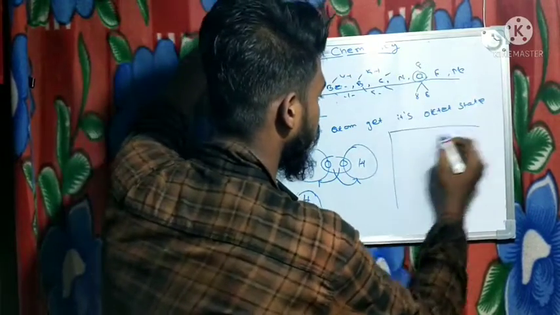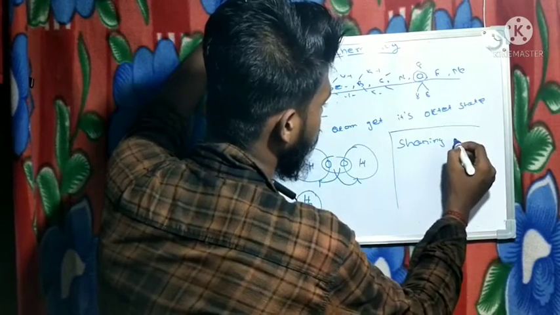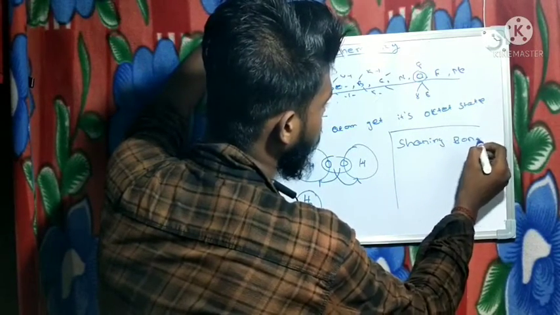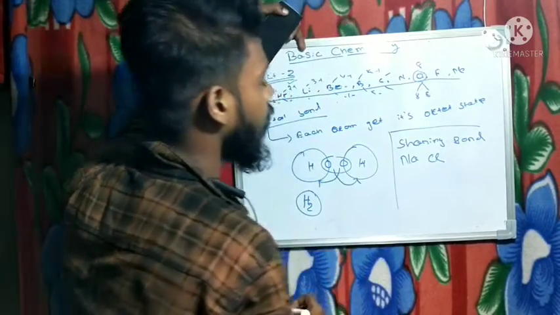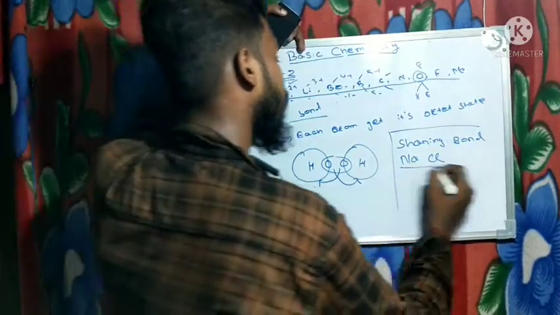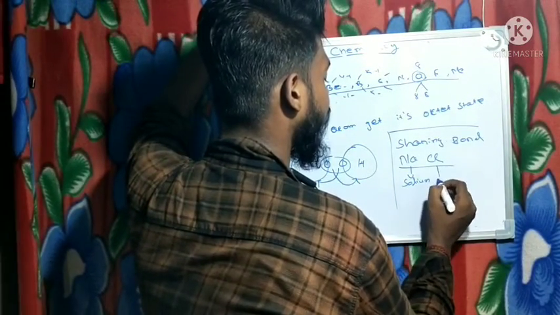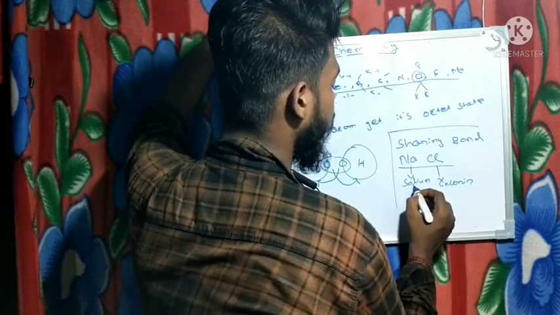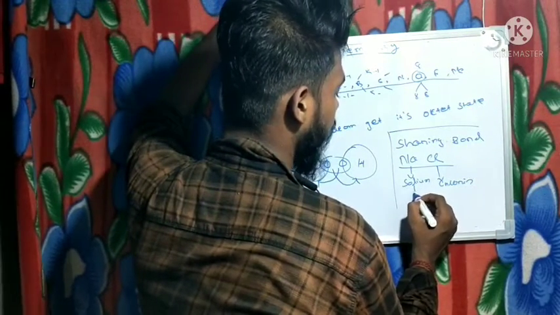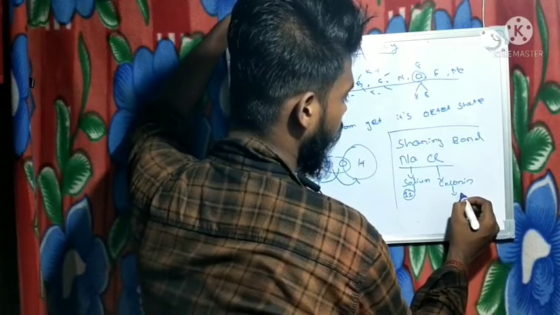Another is the sharing bond. We can take the example of our common salt, NaCl. NaCl is our sharing bond. Why? Na is sodium and Cl is chlorine. The atomic number of Na is 11 and the atomic number of chlorine is 17.